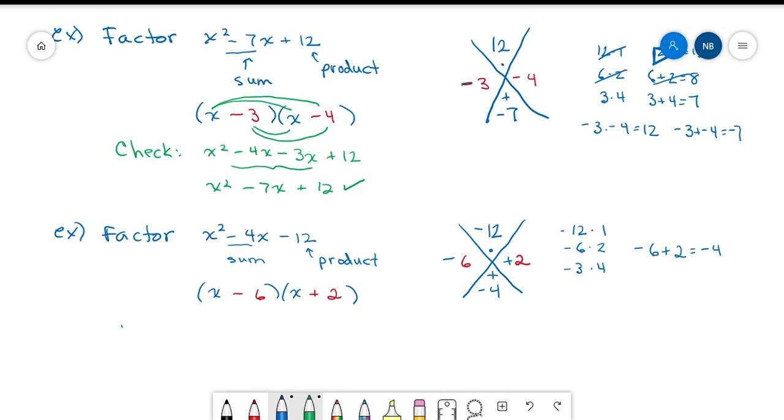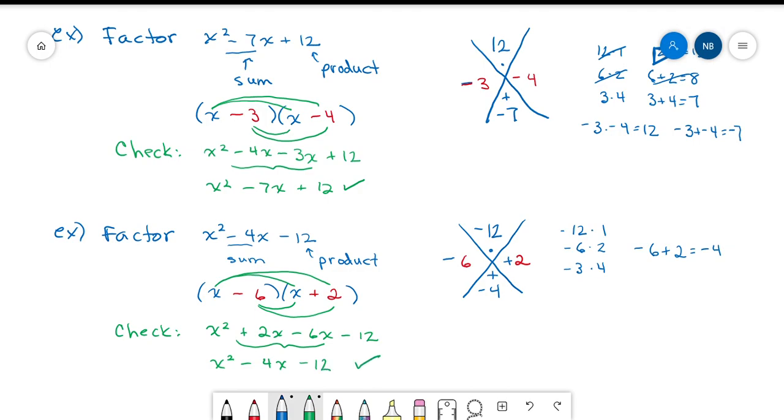We check our answer by foiling or distribution, and we have x times x, which is x squared, x times 2, which is 2x, negative 6 times x, which is negative 6x, negative 6 times 2, which is negative 12. Combining like terms in the middle, we get x squared minus 4x minus 12, which is exactly what we started with.